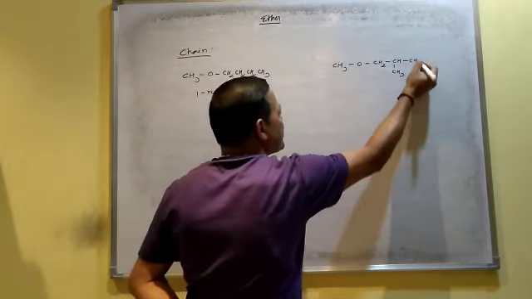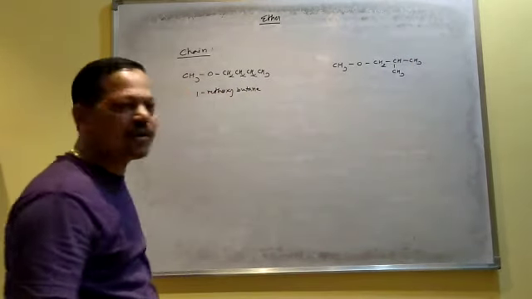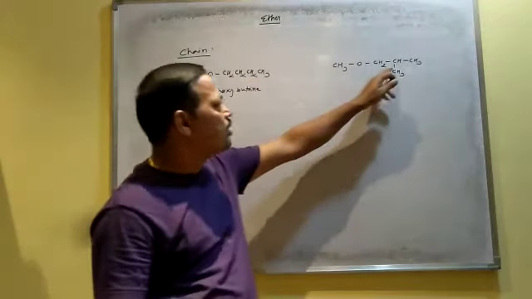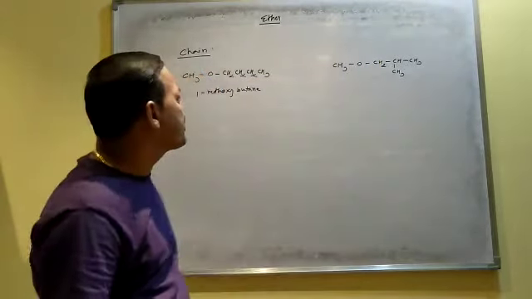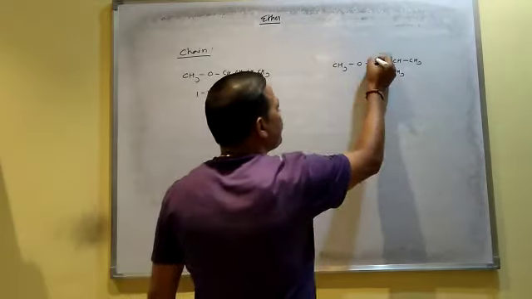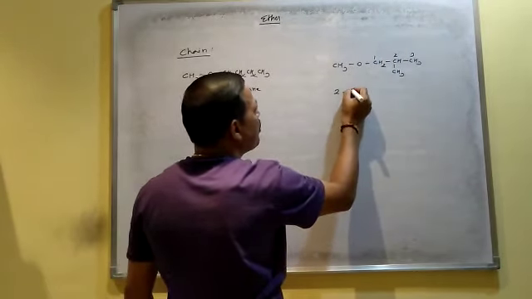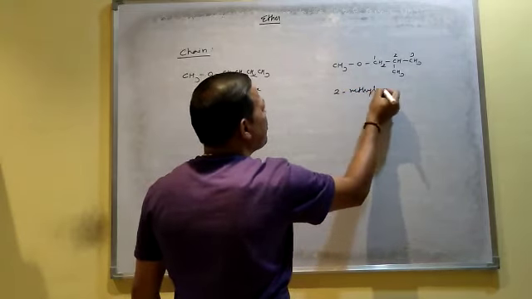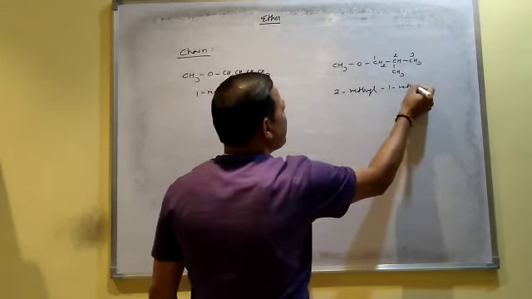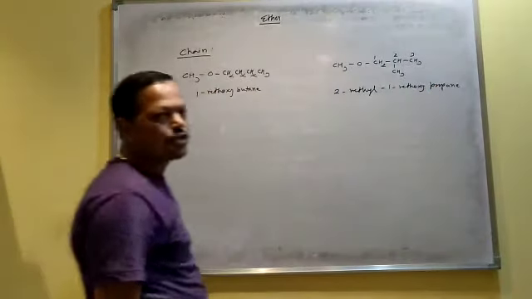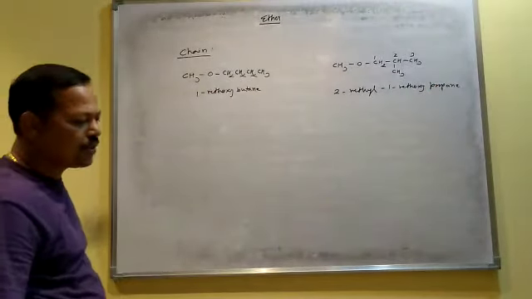Formula same, only the structure is different, and the structure is different only in the carbon chain. Here no branching is present, here some branching is present, and that's why this type of isomers are called chain isomers. This is called 2-methyl-1-methoxypropane.